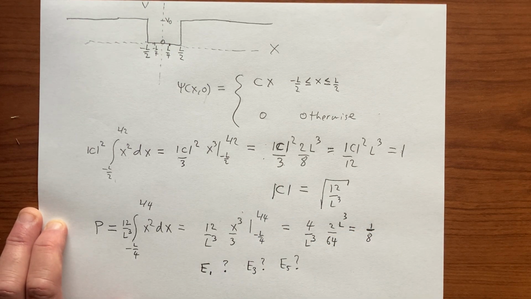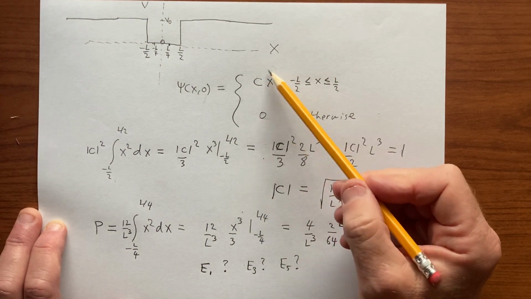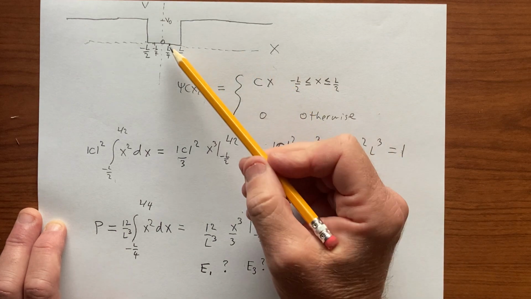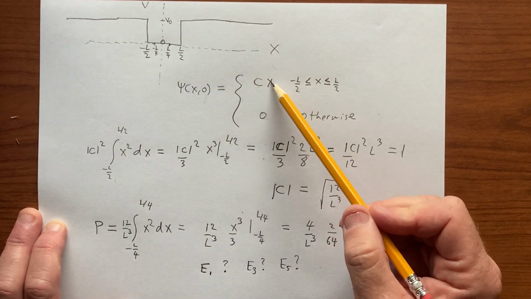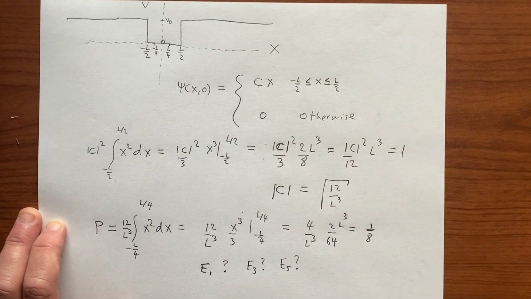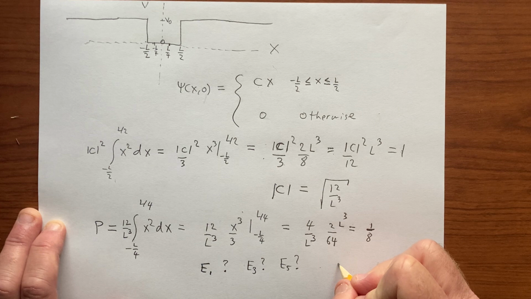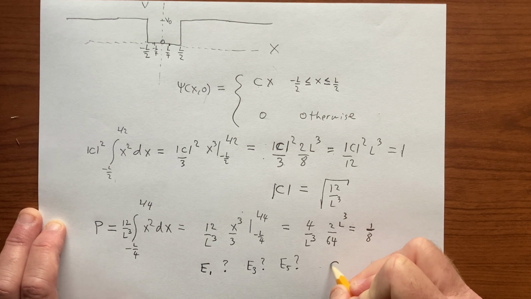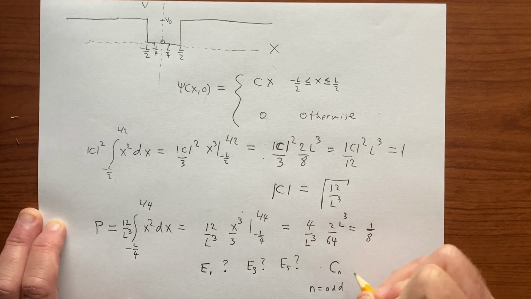And the answer is 0, because this function is odd, right? We have a symmetric potential, and the solution that we have here, psi of x and 0, is an odd function, and so we'll never get any coefficient that is, so for n equals odd, these are even functions, right?